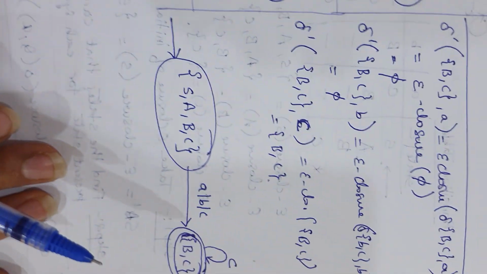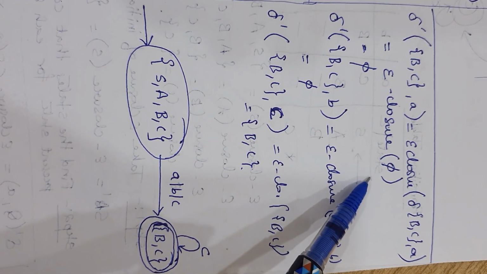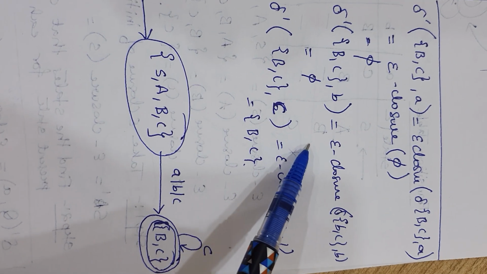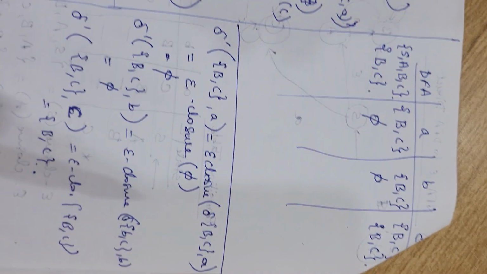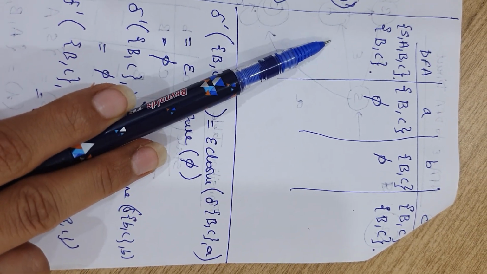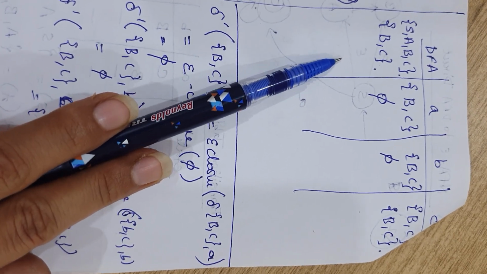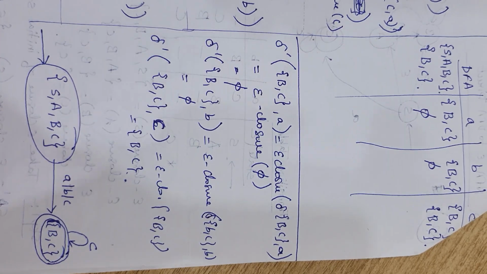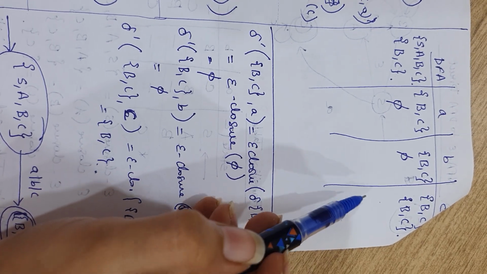These are the final answers that you will get: phi with A, phi with B, and with C again we'll get BC. Since we get BC here, no new state is getting produced. So since there is no new state produced, we will stop the further processing and then draw the diagram.